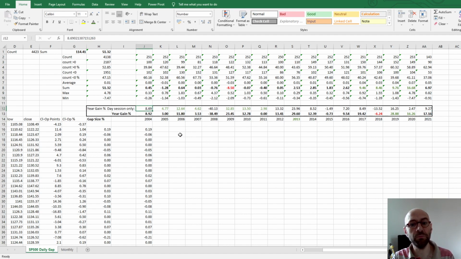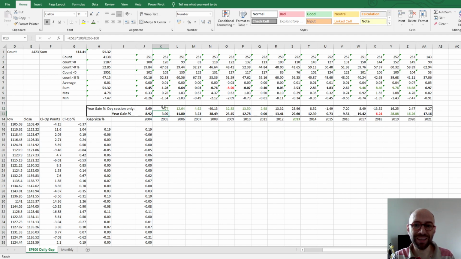And then I did a similar calculation, but in this calculation, I've only considered the gains or losses during the cash session, so no overnight. So I didn't take into consideration any gaps up or down, just the session. And I've placed them here. And there's also something very interesting that you can immediately see looking at this data.